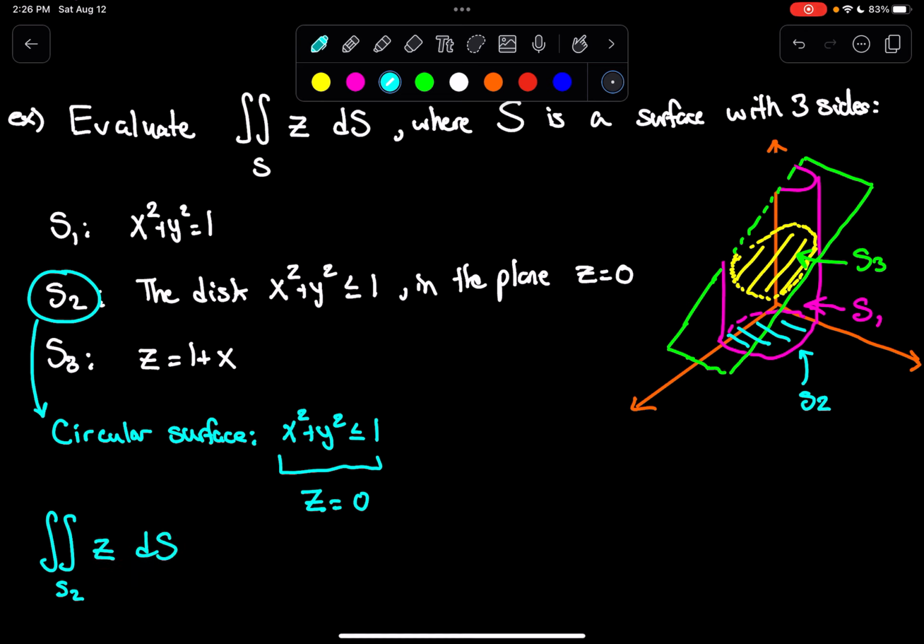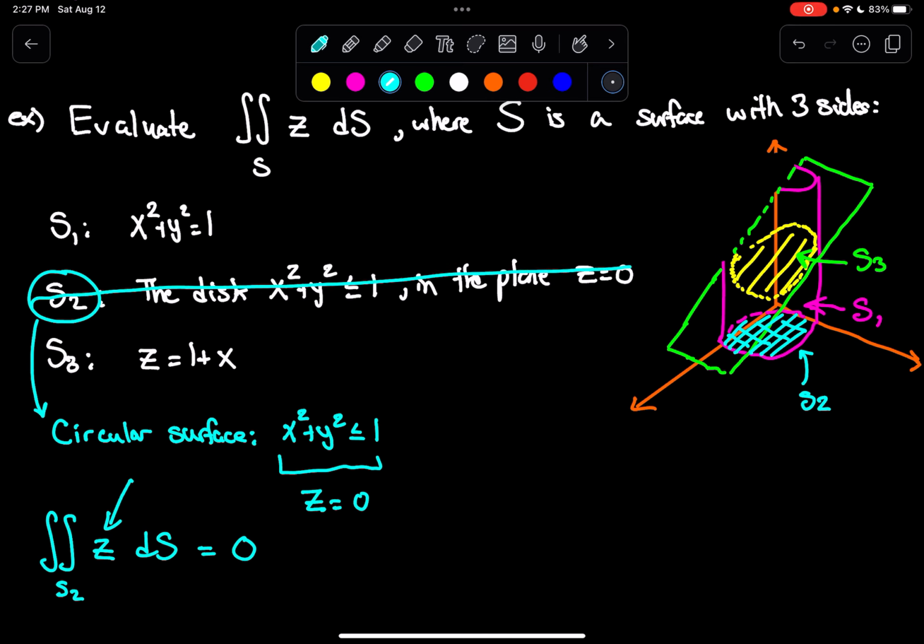And since S2 lies on the plane z equals 0, no matter what we put in for dS and when we parameterize this, our z is going to equal 0. So this right here is just going to evaluate to 0. So S2, if we add up the values along S2, we're just going to get a value of 0, which should make sense, because if we're adding up all the z values, what are all the z values along S2? Well, all the z values are equal to 0. So I could draw a line in that.